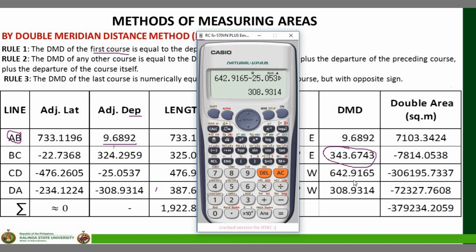If you apply rule 2 dito kay DA, dapat yung answer ninyo doon sa may last course, pareho lang kapag ginamit nyo si rule 3. That is your checking. Kung pareho sila ng value, tama yung mga pinagsusulat ninyo na value ng DMD. Okay po ba tayo dito? Kung yung computation ng DMD? Okay tayo?